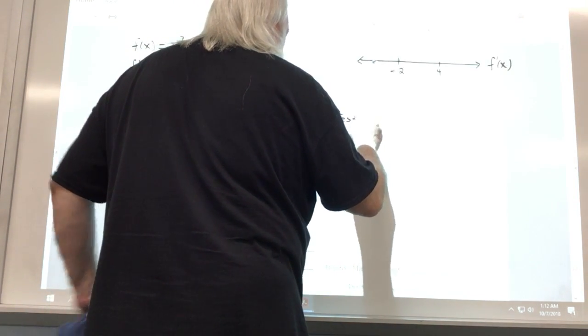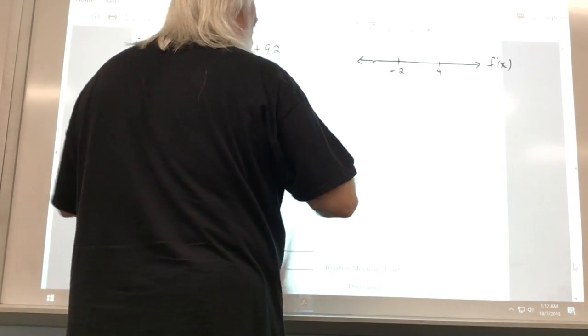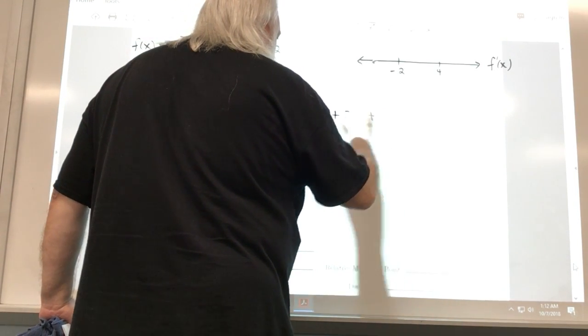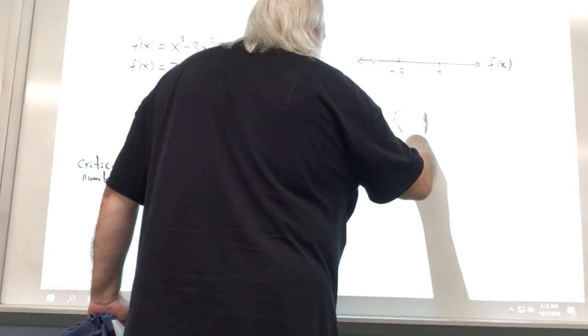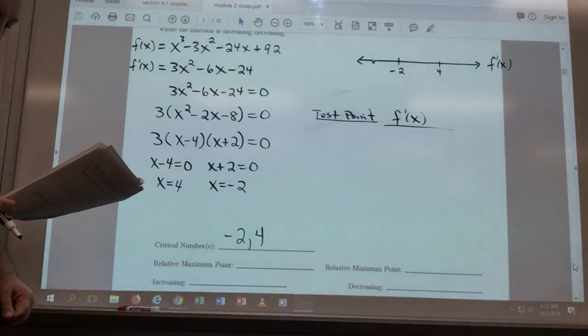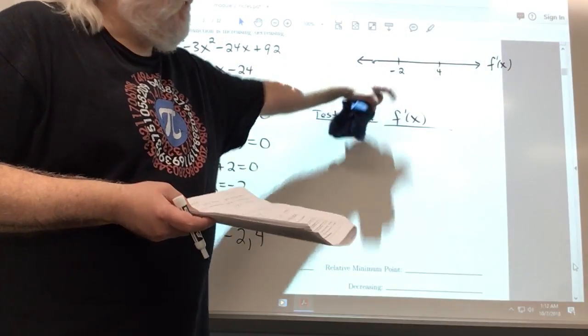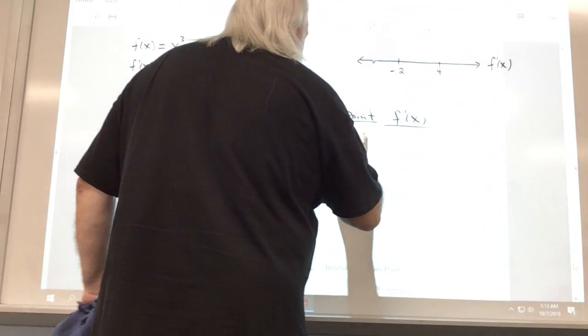I'll give myself a little more room over here. So, in this first interval for values of x less than minus 2, I'm going to use minus 3 as my test point.